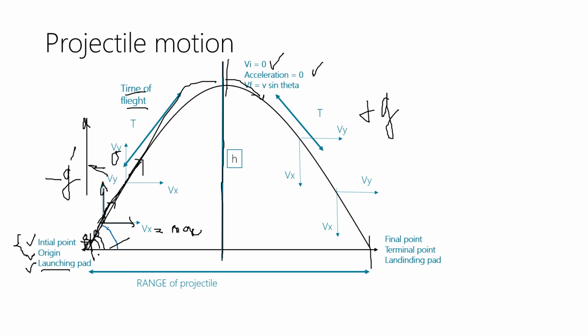Now, the distance from this point, the ground point, to the maximum height is denoted with h, while the time taken here is denoted by t. Now, let me clarify that the time from this point to this point is known as time of flight. Total time is known as total time of projectile.